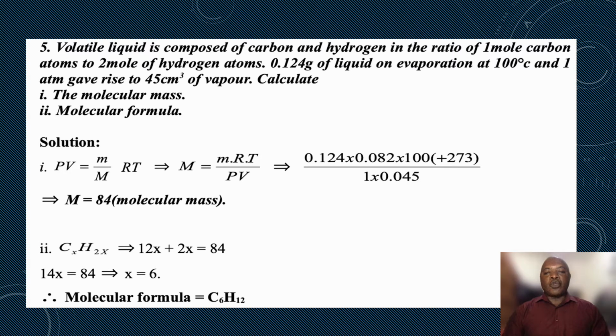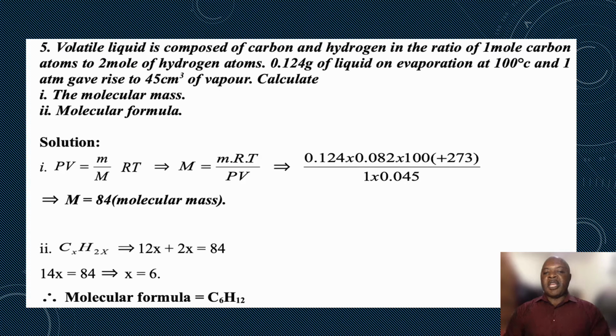So we are going to change degrees Celsius to Kelvin by adding 273, and we will change the volume from cubic centimeter to cubic decimeter by dividing it by 1000.